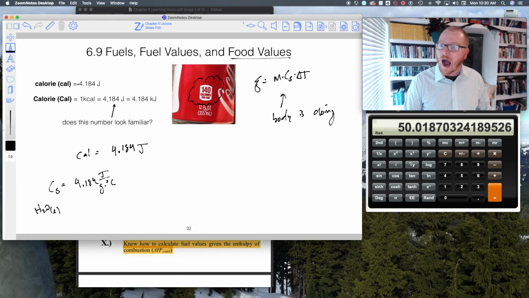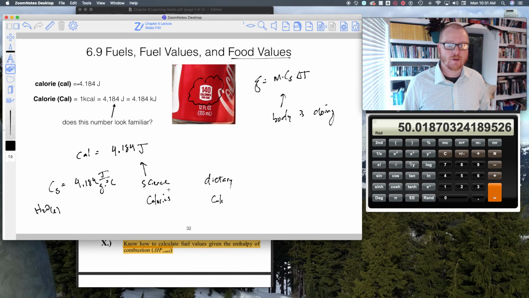Which is why traditionally we give the unit of calories as the specific heat capacity of water, because your body is mostly water. Now, that being said, the calories that's reported on this can of Coke is actually a kilocalorie. So this is what I'll call a science calorie, just 4.184 joules. A dietary calorie is actually a kilocalorie.